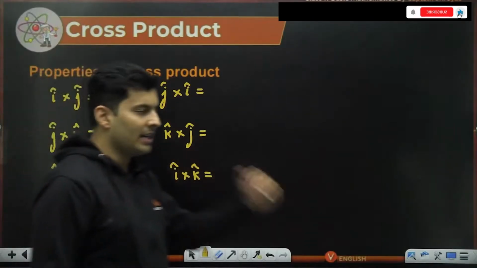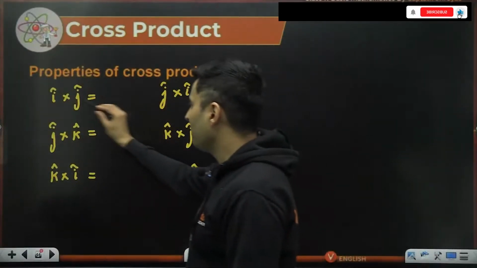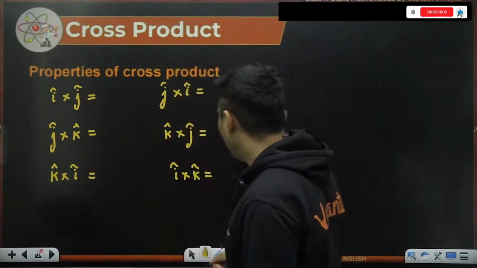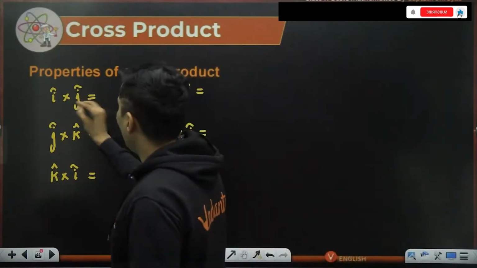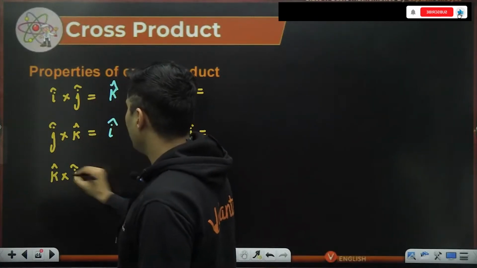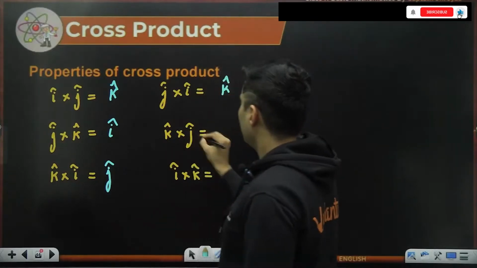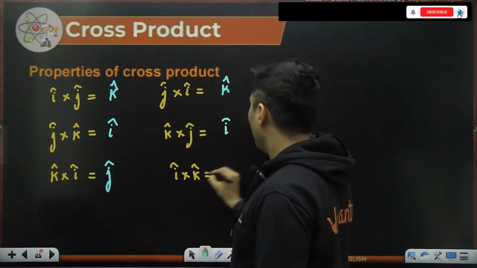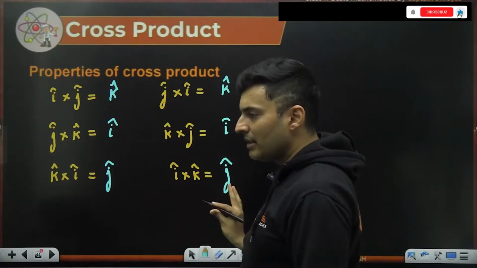So what is the answer for everything? I'll tell you very simply. Whichever variable is not there, first put that variable. In each case, can you see, like over here, I and J are there, K is not there. J and K are there, I is not there. K and I are there, J is not there. J and I are there, K is not there. K and J are there, I is not there. I and K are there, J is not there. First put that variable. Till this point clear?